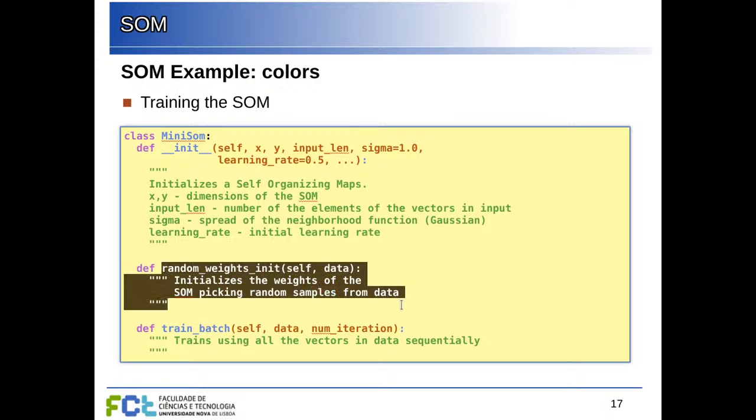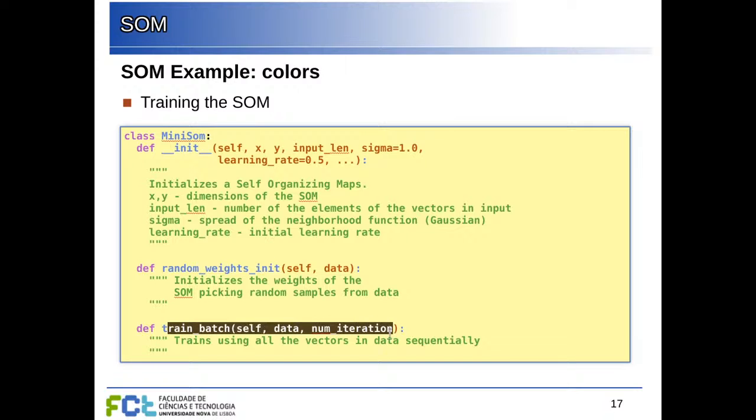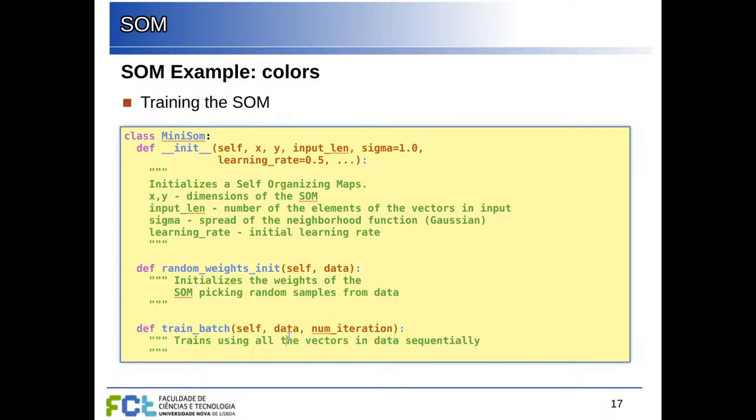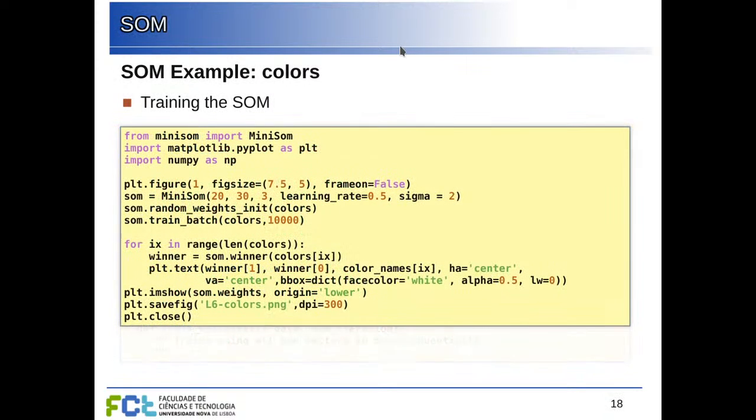We give random weights to our neurons, and we train a batch by giving a batch of data, or we train the neurons sequentially by feeding them the data examples. So let's see how we can do this. We're going to create a matrix of neurons that has 20 by 30 neurons.